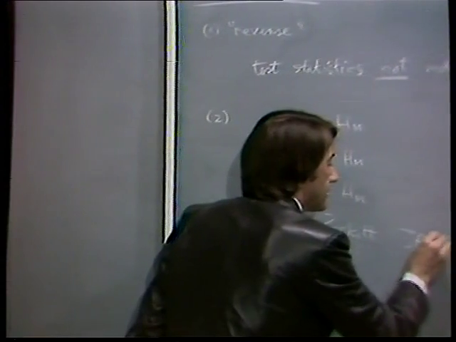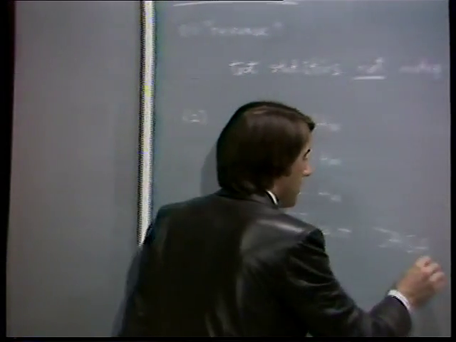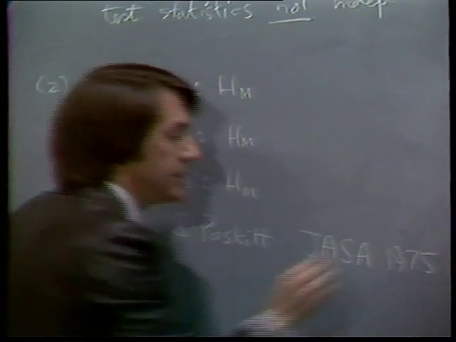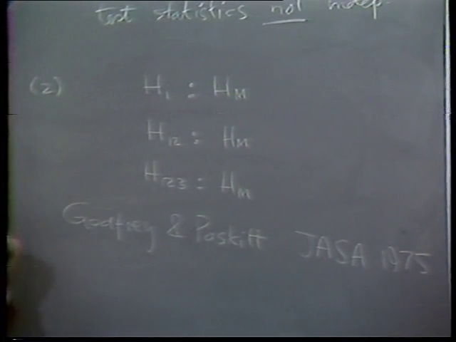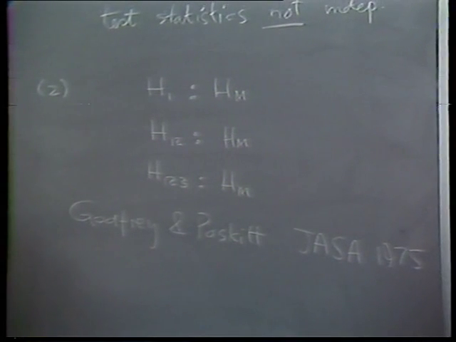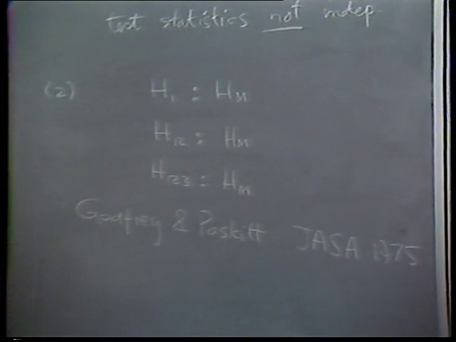And that was in the Journal of the American Statistical Association, 1975. Well, what can we say about the properties of this procedure? Well, in fact, it's possible to show that this procedure is less powerful than the Anderson procedure.